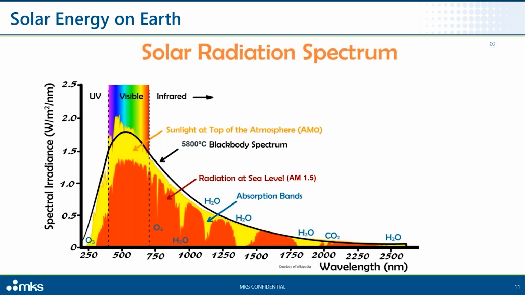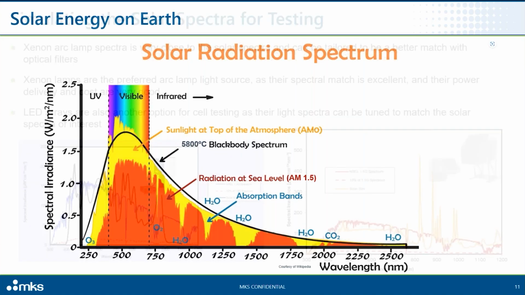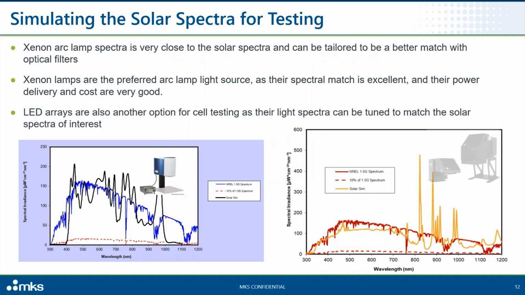So there are more losses. The red portion of this graph is showing what you would get at AM 1.5, and that would be a typical number used by researchers trying to come up with an average of what the energy is at Earth. We can go to the next slide there, Ken.